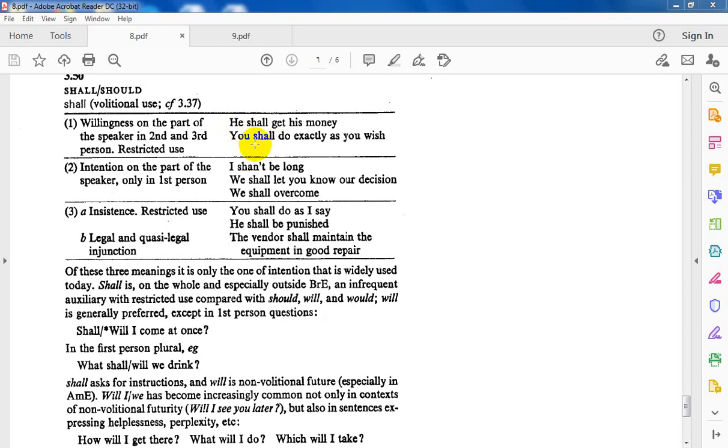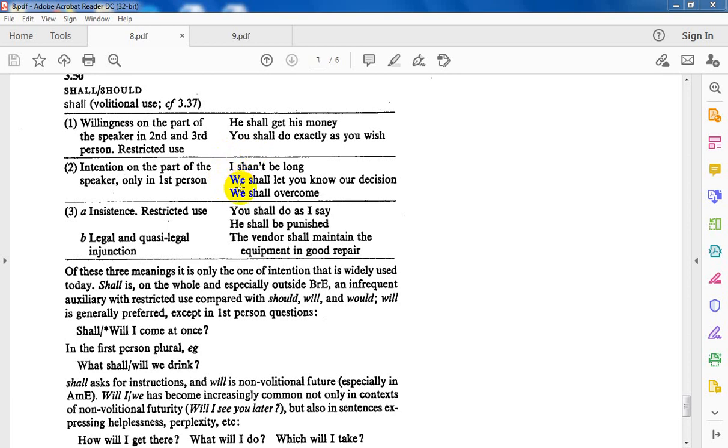Then, the second use, which is intention, on the part of the speaker only in first person. This is the idea. If I want to express intention by using shall, I should use only I and we, which is first person. I shall not be lying. See, it is I, the first person.